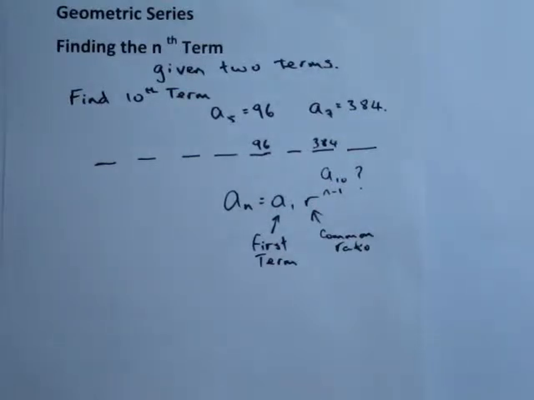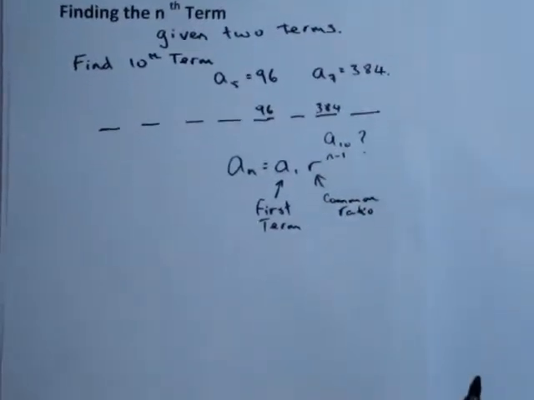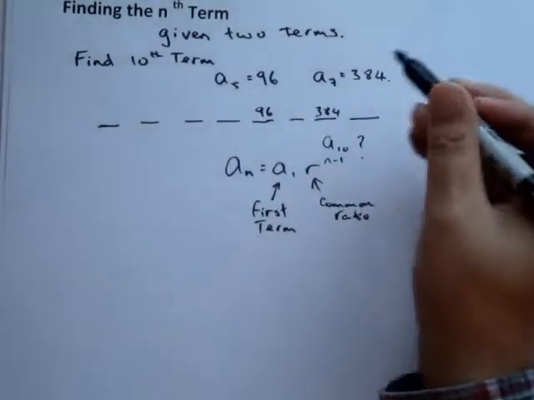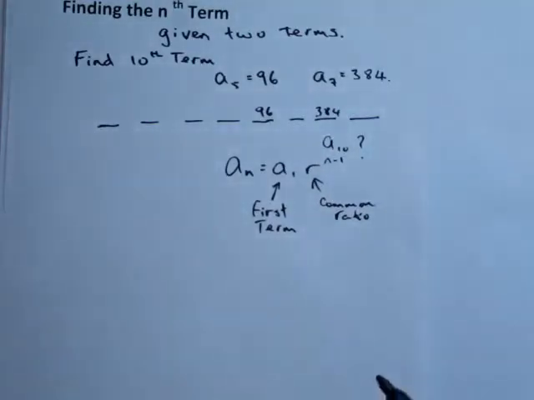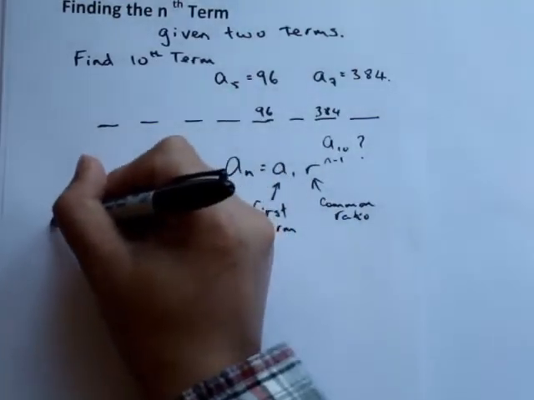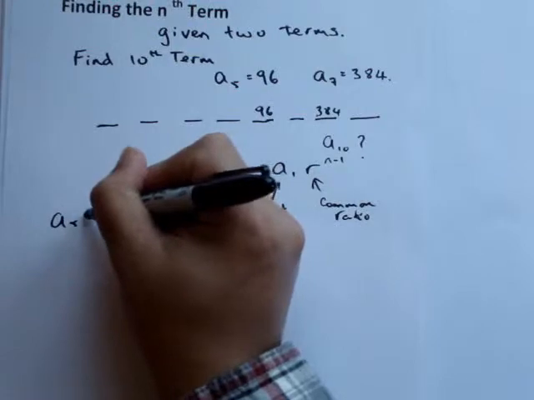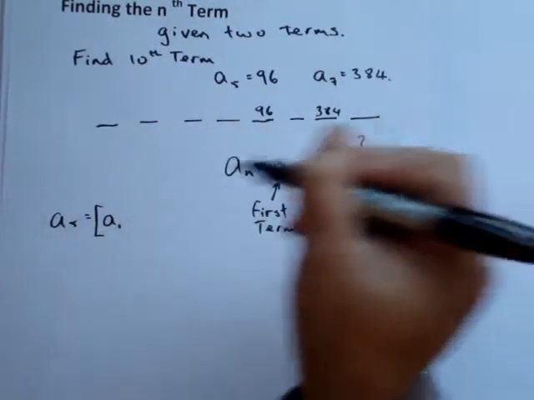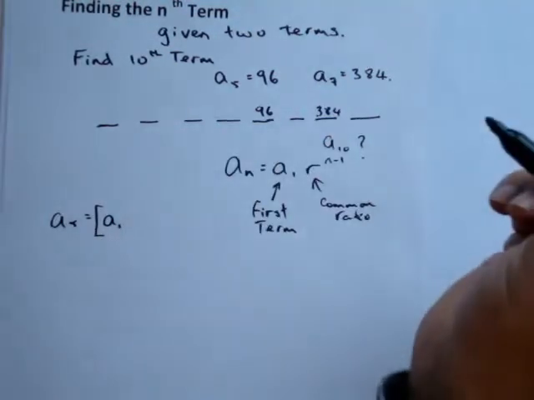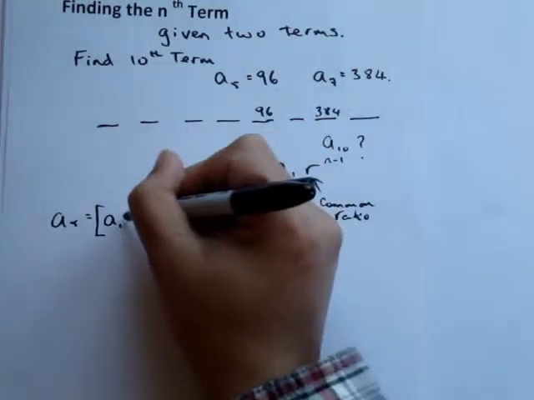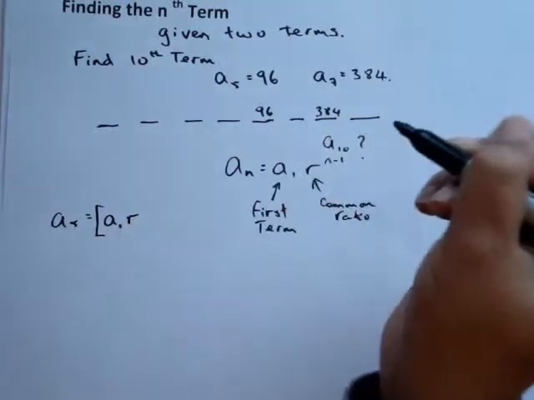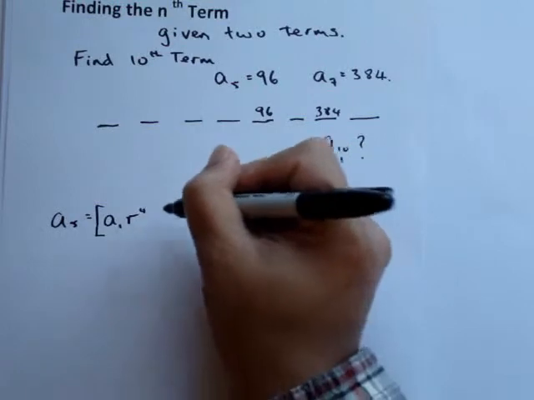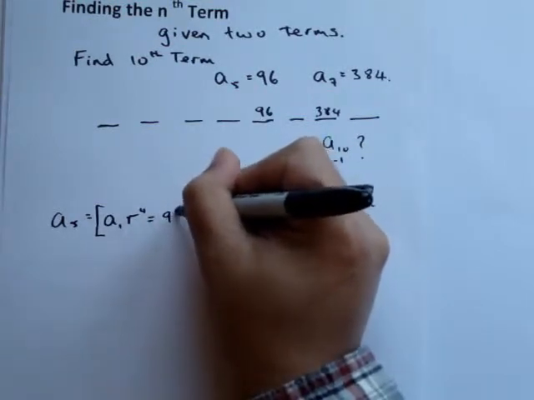So how do we do this? Well, let's make two equations first. Our first equation will be using this a sub 5, which is a sub 5 equals a sub 1, which we don't know, times the common ratio r, to the power n minus 1, which will be 5 minus 1, which is 4, and that equals 96.